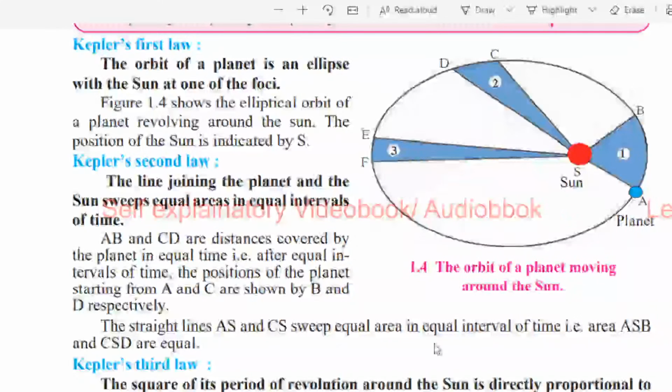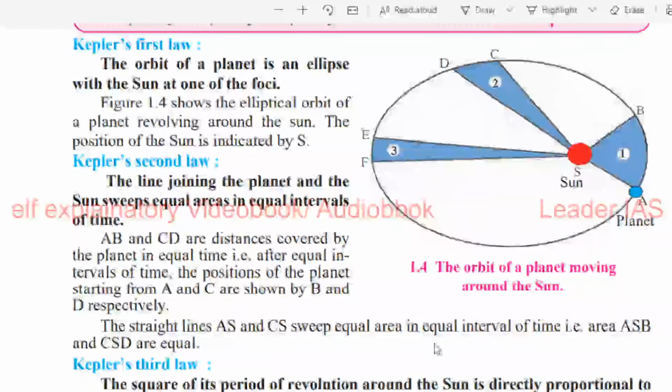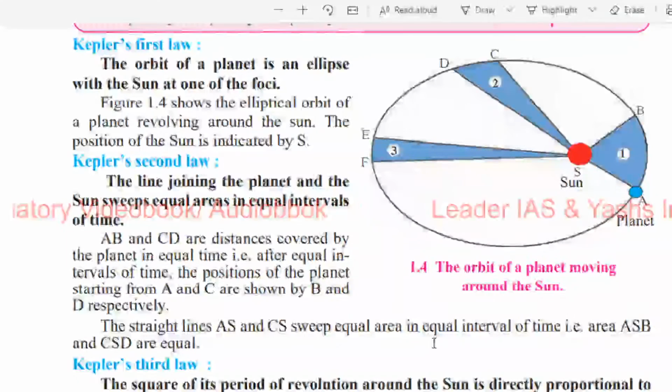The straight lines AS and CS sweep equal areas in equal intervals of time. That is, areas ASB and CSD are equal.